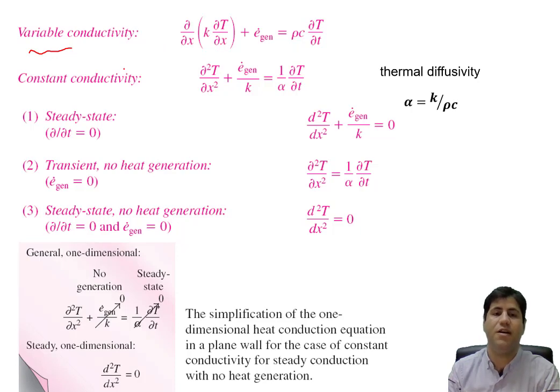If the thermal conductivity is constant, then K can be brought out from this equation.